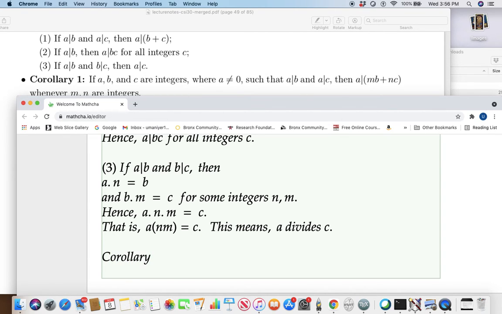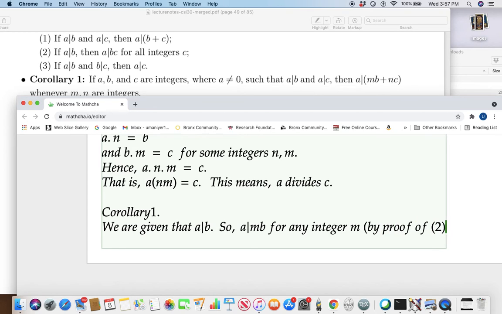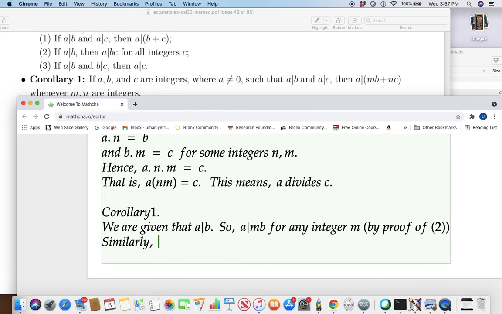So, corollary 1, we are given that A divides B. So, A divides MB for any integer M by proof of 2. Likewise, A divides C, so A divides N times C for any integer N.